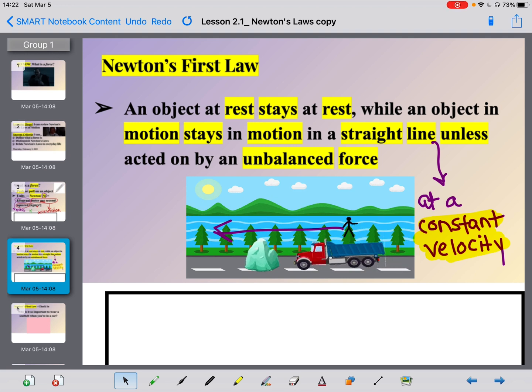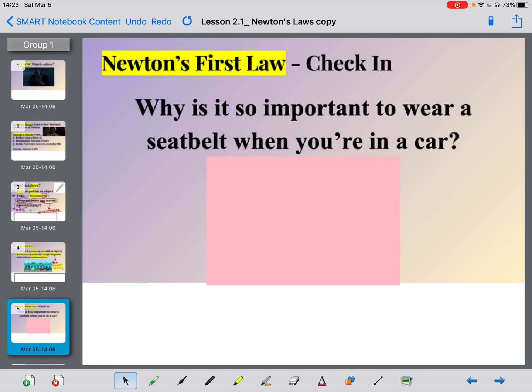All right, if we go to the next slide, it says Newton's first law check-in. Why is it so important for us to wear a seatbelt when we are in the car? Well, when the car comes to a complete stop very suddenly, your body wants to continue traveling in that straight line, just like in that previous animation.